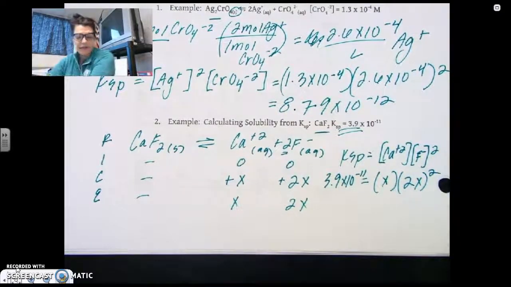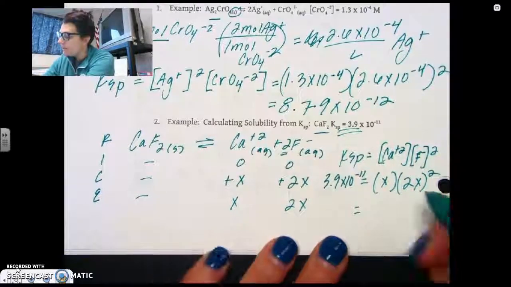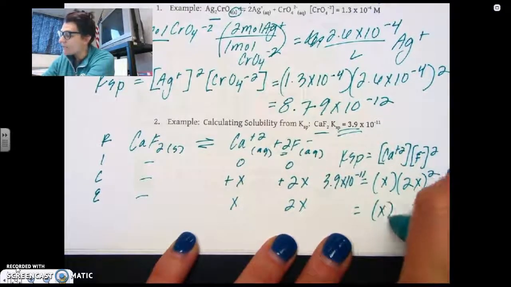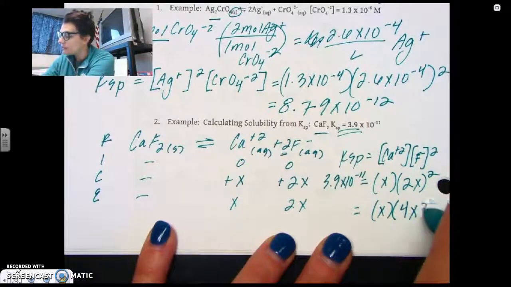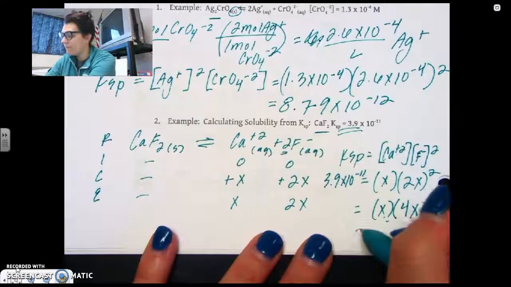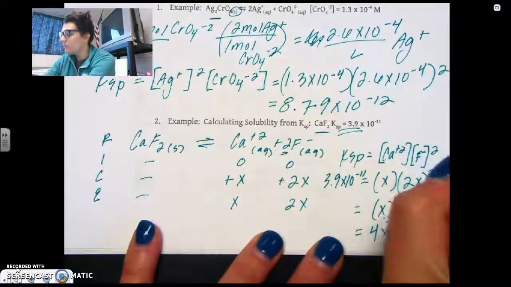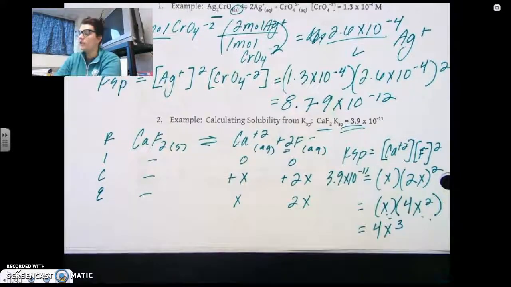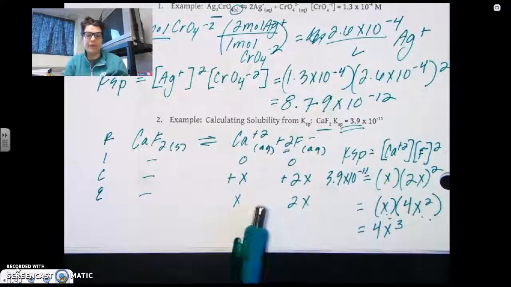If you do this, you're going to have x times 4x squared, and you have to remember that when you multiply x's, you add the exponents. So it's ultimately going to be equal to 4x cubed, and then you can solve for x. That gives you the concentration of each ion in solution. So that's how we calculate concentrations and solubility constants.